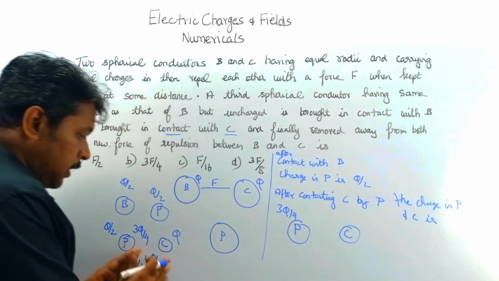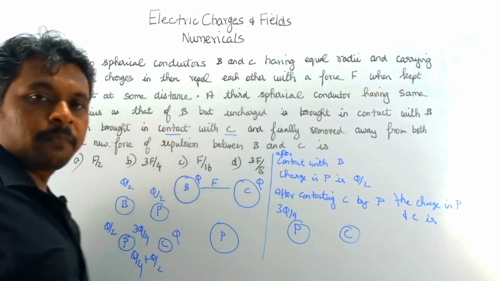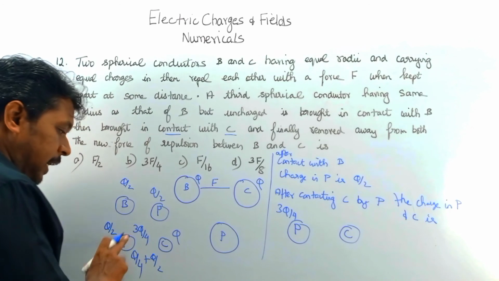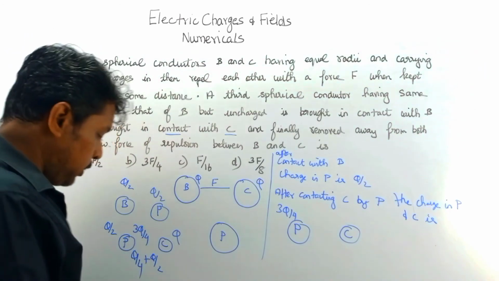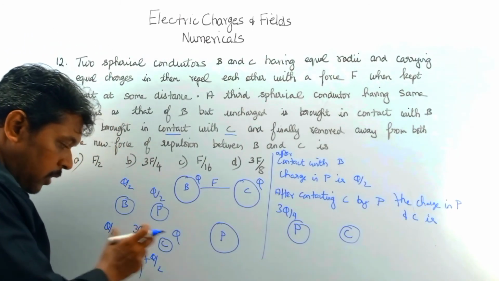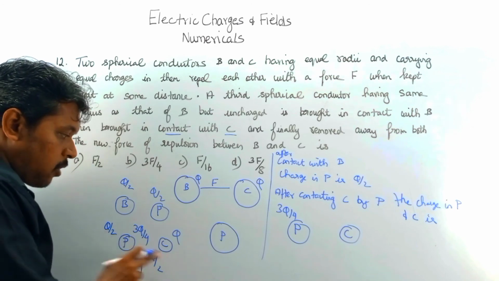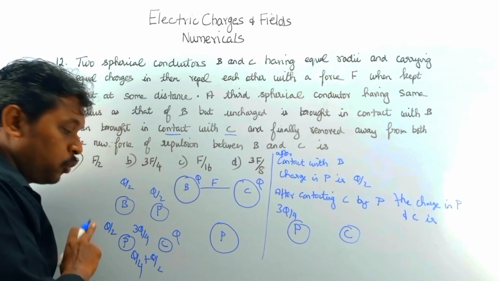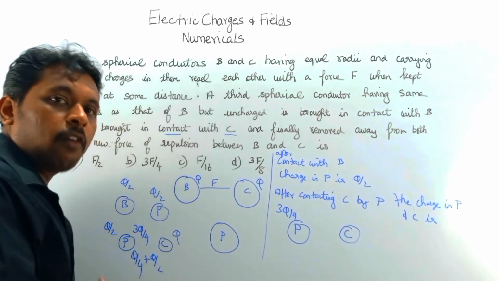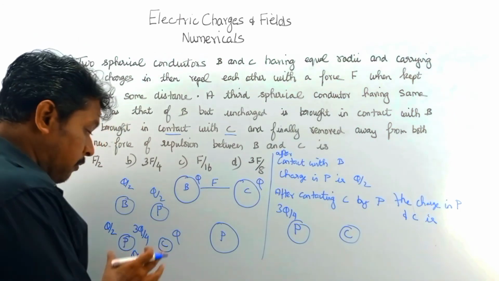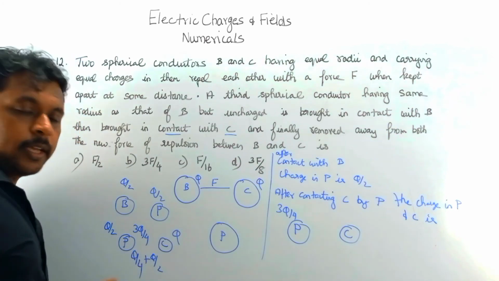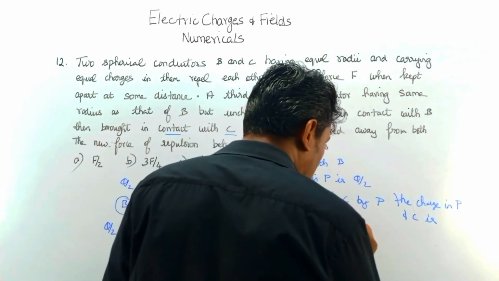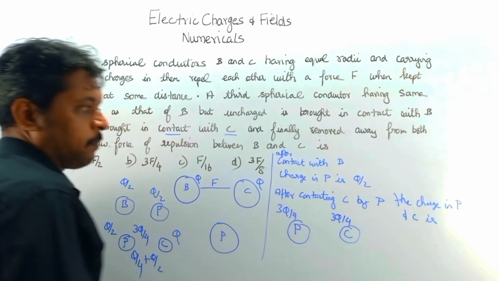So that will be the total charge remaining in both P and C. Before contacting, the charge in P was Q by 2 and C it is Q. After contacting, P is removed, and the charge in both will be 3Q by 4.